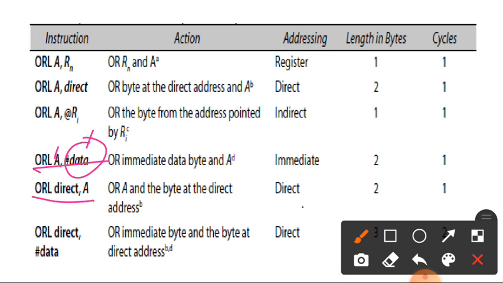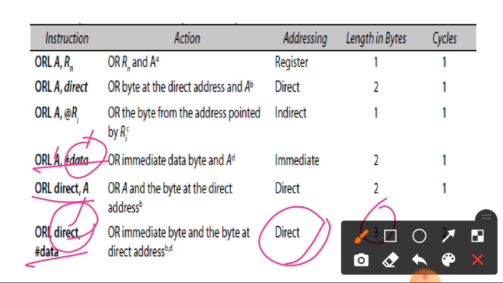So here the OR operation is performed on the immediate data byte and the byte at this address, and the result will be stored in this address. What is the addressing mode? It is the direct addressing mode, and the length of this instruction is 3 bytes. And how many cycles are required to complete? 2 cycles are required to complete the operation.